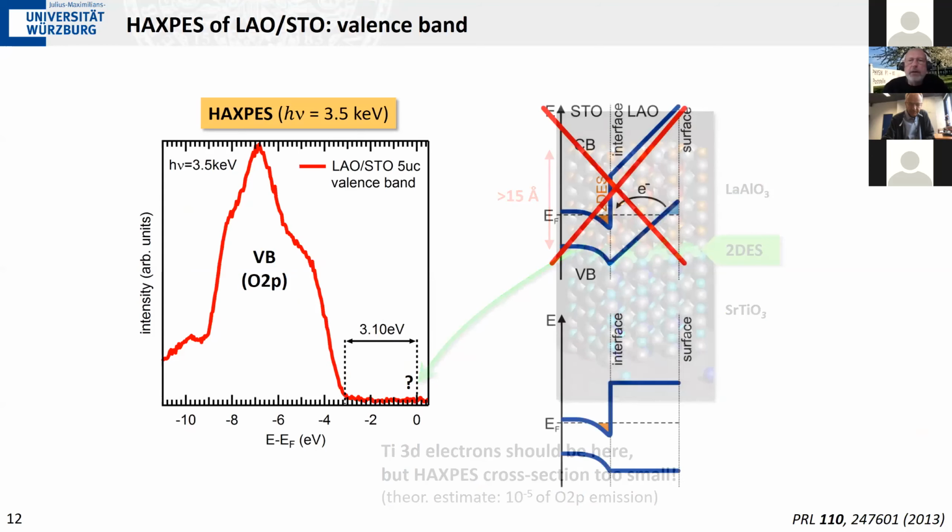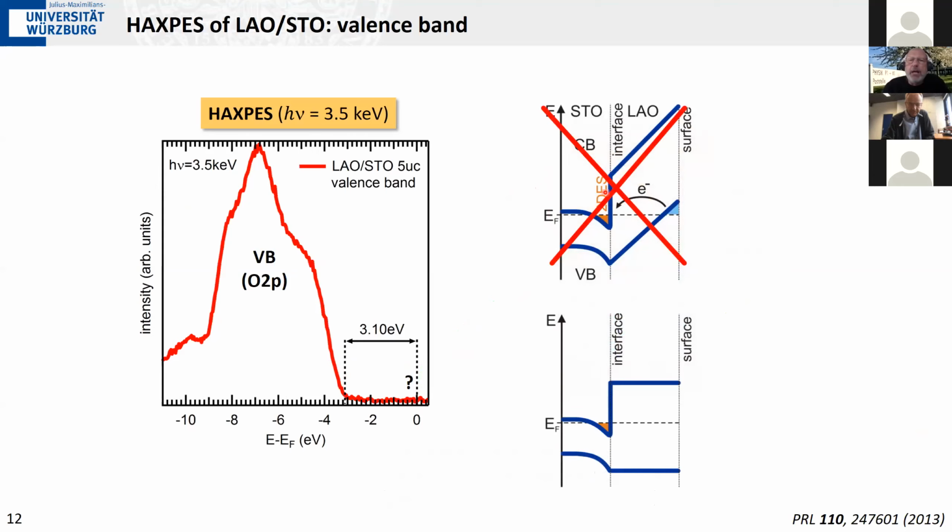Because if you remember the picture that we had before from the band structure theory, where you recover this electronic reconstruction picture that there is some bending band slope here on the LAO side, and that the valence band of the LAO eventually will cross the Fermi level, you would expect to see the carriers that are produced by that, or the Fermi energy intensity that is created here as the band crosses the Fermi level.